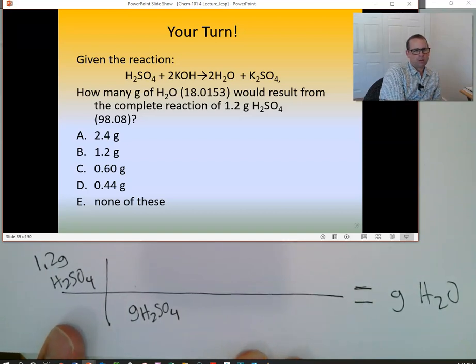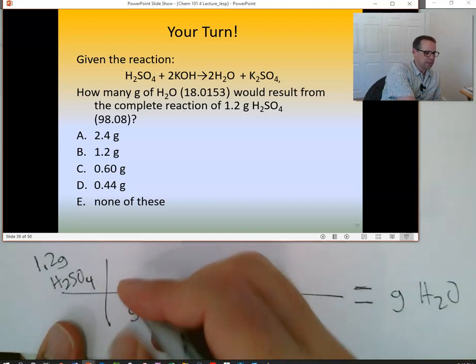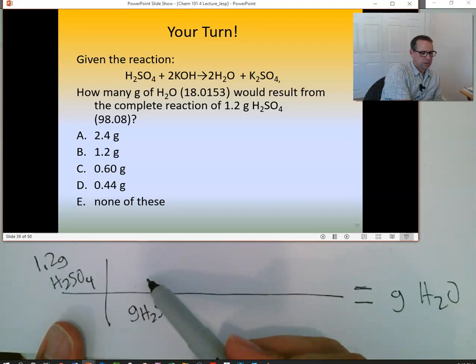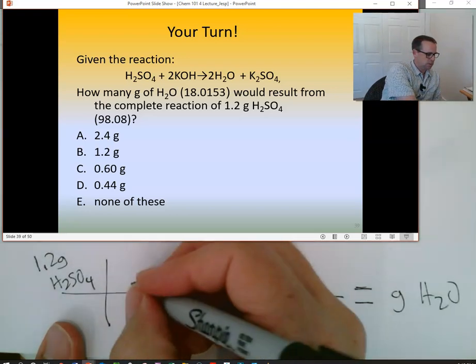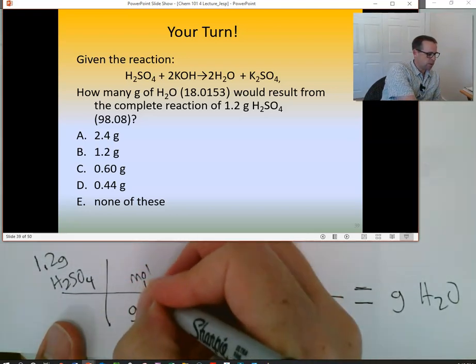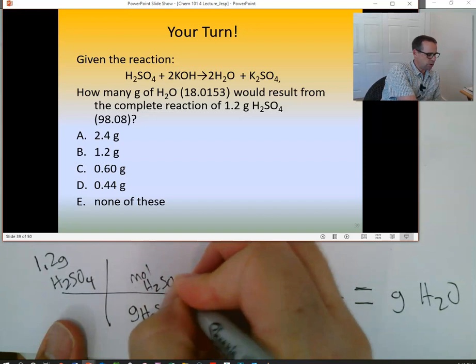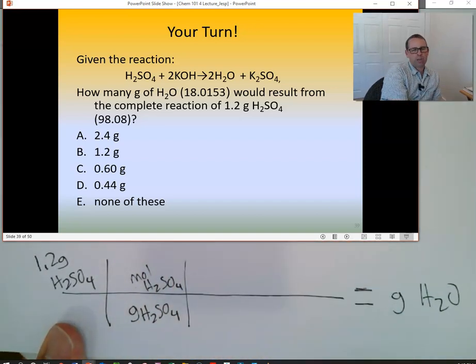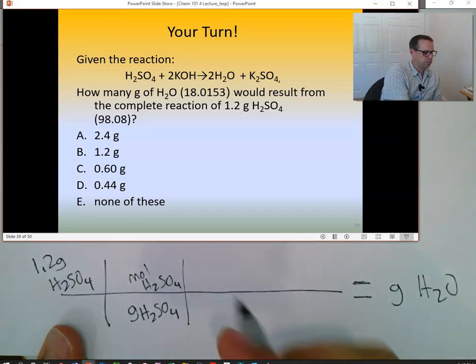Okay, now let me look at this equation again. We want to go to what? First, let's decide where we want to go. We want to go to moles because if we get to moles, we get the power of the equation. We got to go to the land of the moles. That's what you do in the land of the moles. So moles of H2SO4.